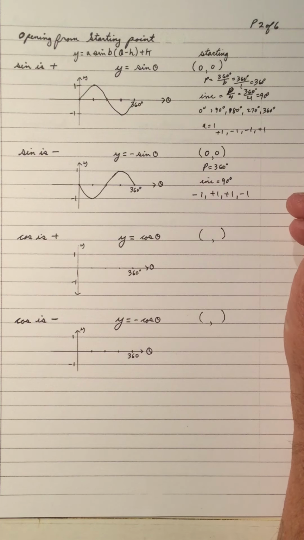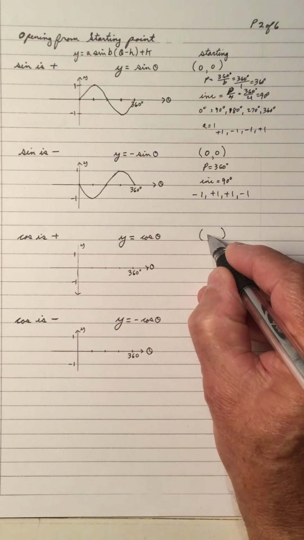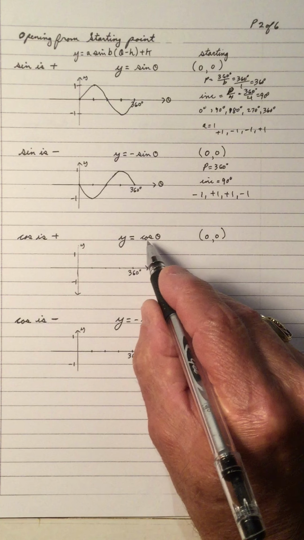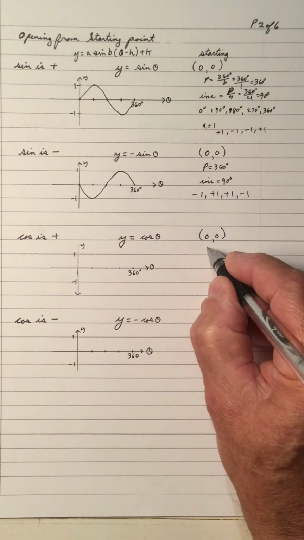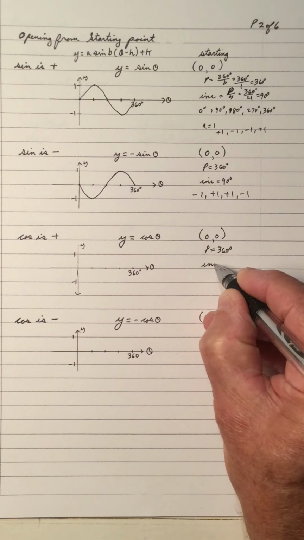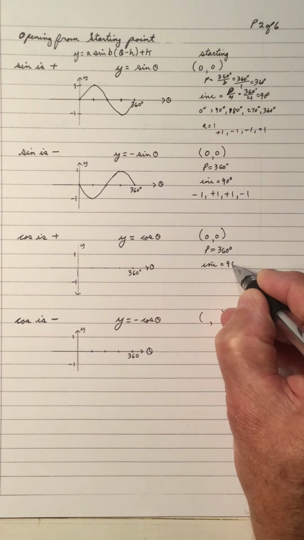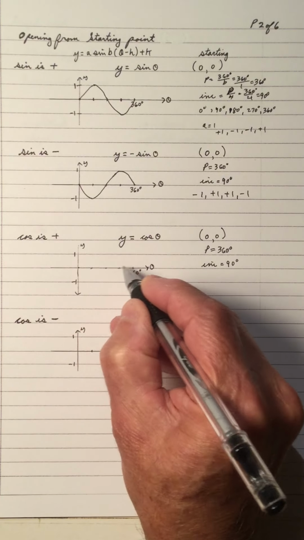What about cos? The equation is still the same. The starting point is 0, 0, because h is 0 and k is 0. The period is still 360, and the increment change is still 90 degrees, so it goes 0, 90, 180, 270, 360.